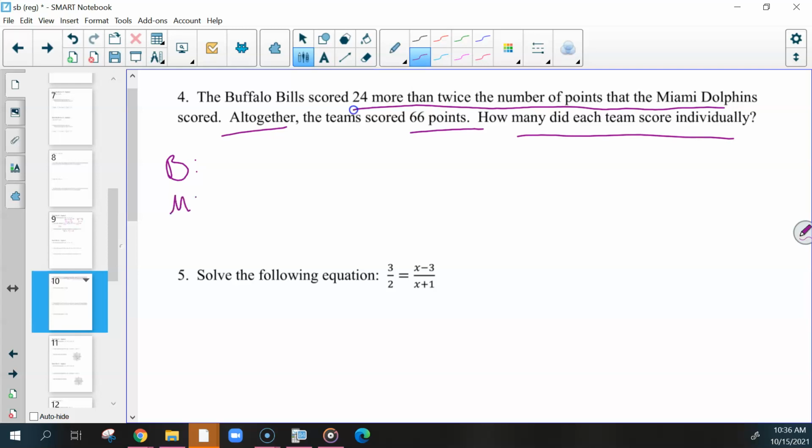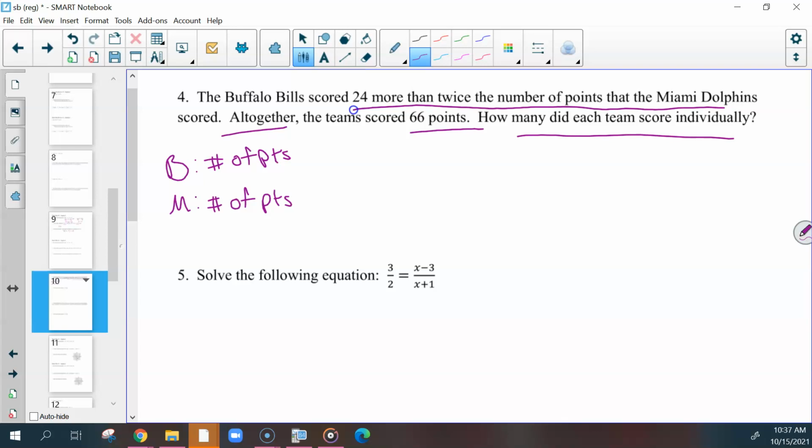I'll say B and M. You could use B and B, whatever, to be the number of points they both scored. So always define a variable, and we'll get into this more when we actually talk about word problems. But define a variable if there's something you don't know.